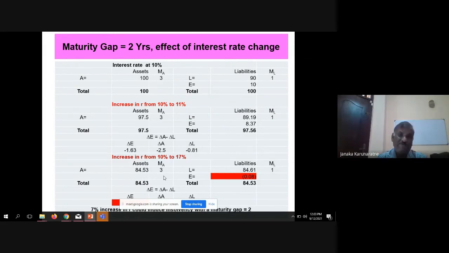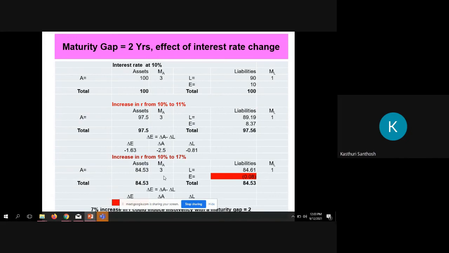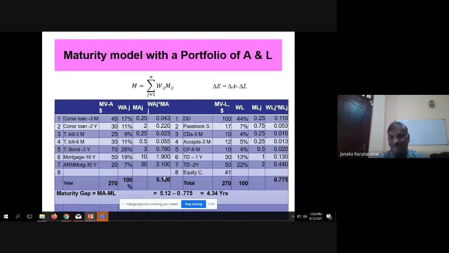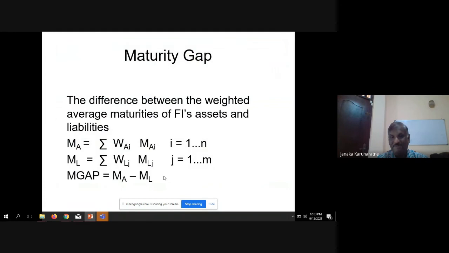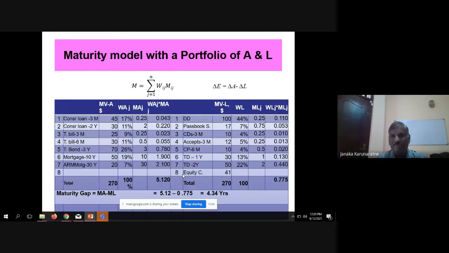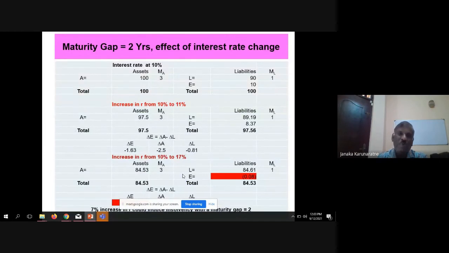I'm asking maturity gap. What is maturity gap? MA minus ML. -2. Minus 2. How did you get minus 2? No, +2.